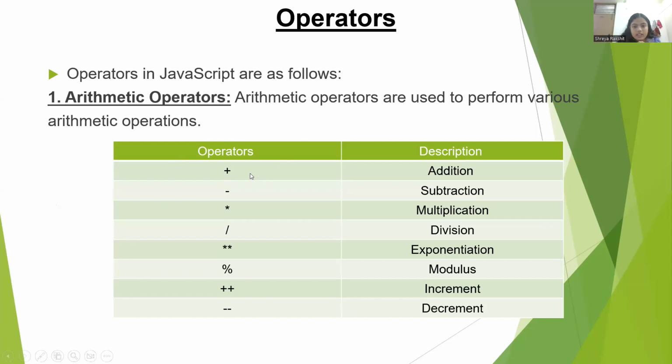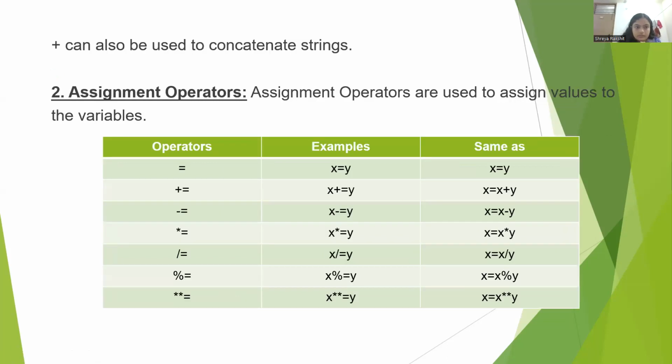The first one is addition, subtraction, then multiplication, division, exponentiation, modulus operator that basically returns the remainder value after a division operation. Then increment operator and decrement operator. Increment and decrement operator respectively increments and decrements a variable by 1. Also, the addition operator can also be used upon strings to concatenate them.